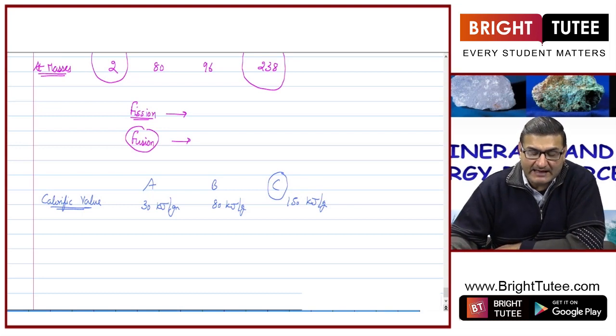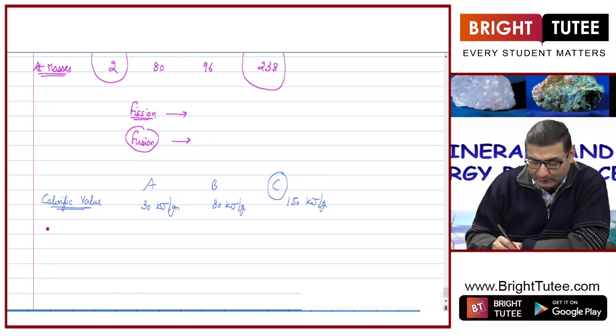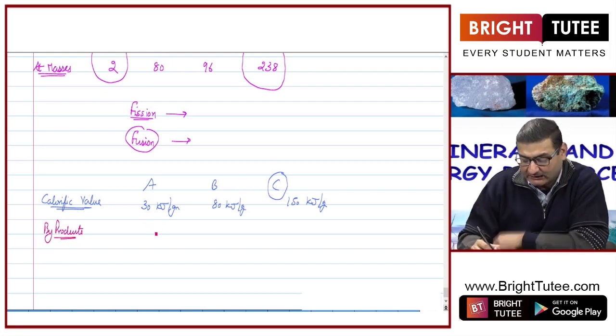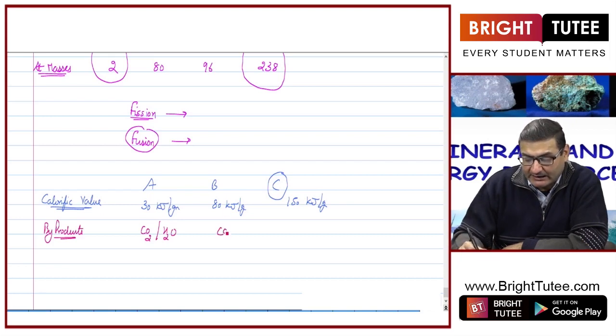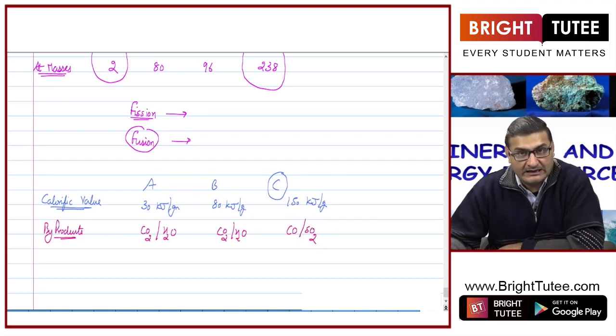But if some added information is given to us, like we are being told that upon combustion the byproducts of A are carbon dioxide and water, B are carbon dioxide and water, C are carbon monoxide and sulfur dioxide, now our perspective will change. How?